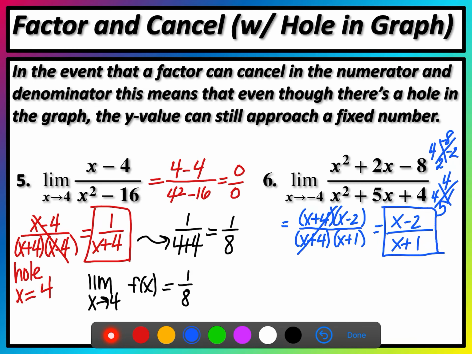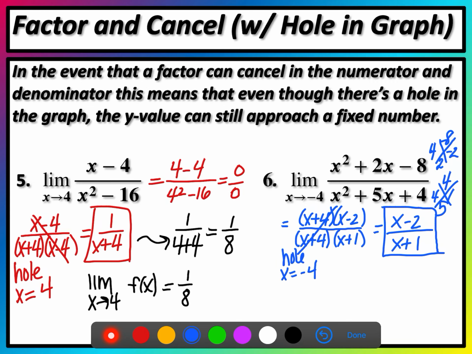Okay, so remember, we're always evaluating limits algebraically into the simplified function. So I see here, because I canceled this out, I know that there's a hole at x equals -4. And remember, when we did these algebraically, that the limit can equal a hole. The function can't be evaluated at it, but the limit can approach the hole. And this is how we algebraically determine what it's approaching.